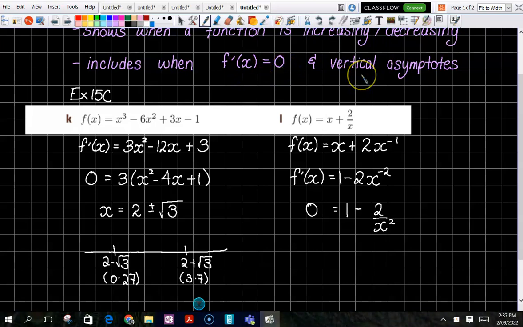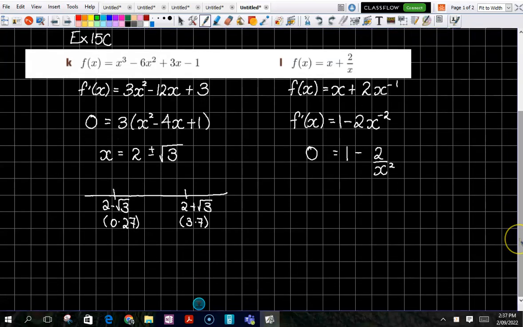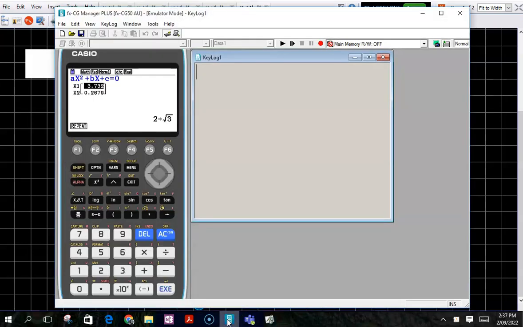And if we've got any vertical asymptotes, any place that our derivative is undefined, that's also going to go on our sign diagram. So we've got that as checkpoints. I see a common factor, pull it out, but you didn't even have to do that.